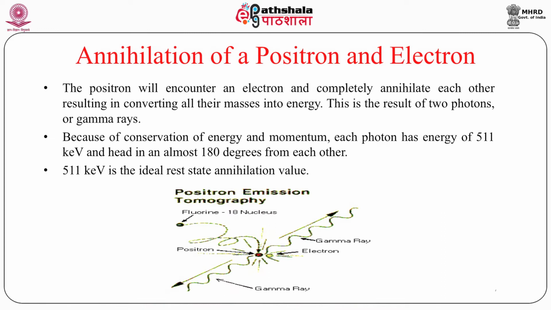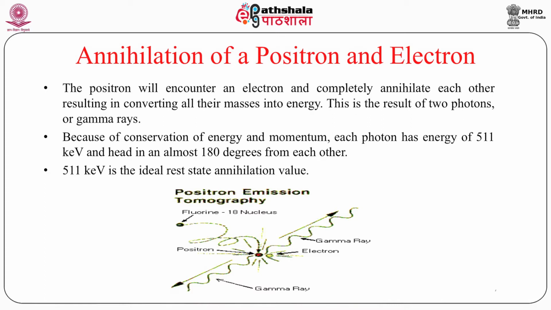This slide clearly shows how the annihilation takes place and how the two photons come out at 180 degrees. The positron hardly moves 1 or 2 millimeters in tissue before it finally interacts with an electron all around it. The positron and electron completely annihilate each other, converting all their mass into energy, which results in two photons or gamma rays.